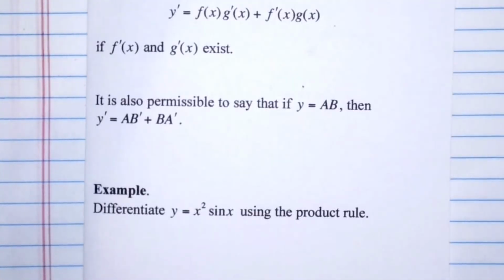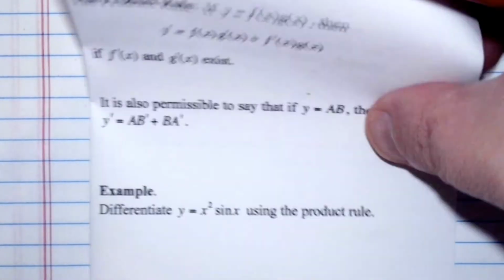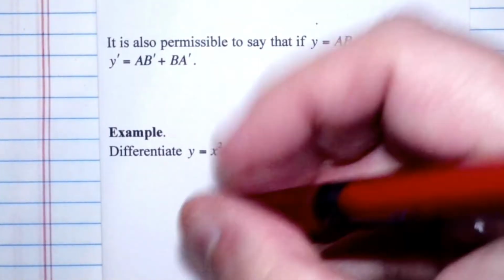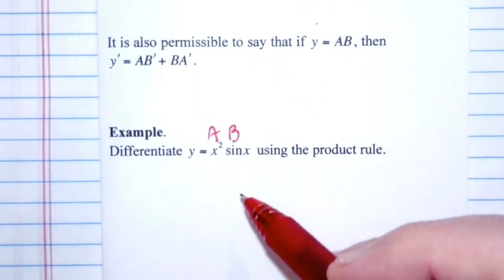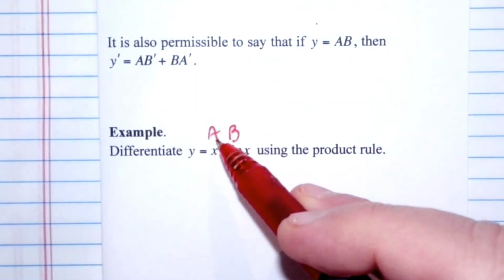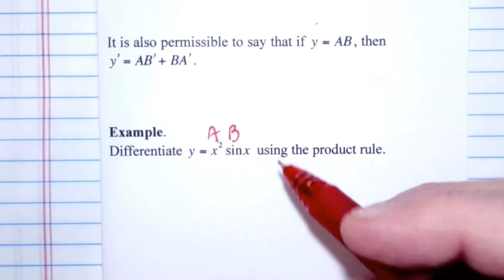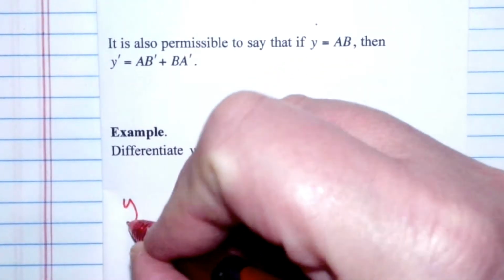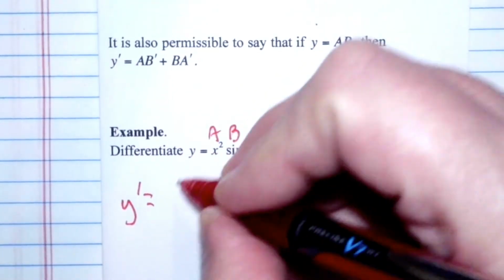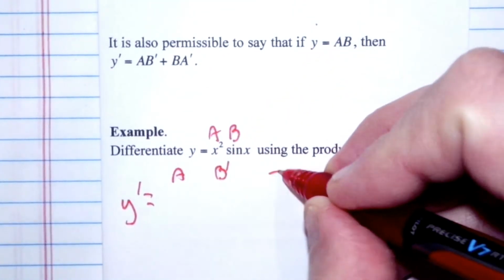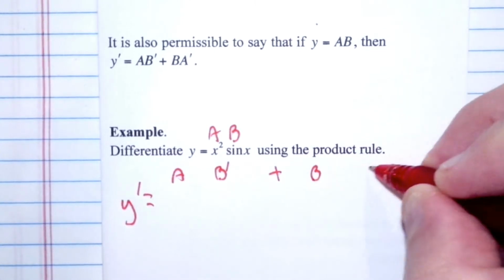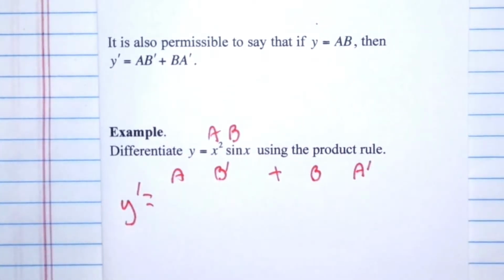Alright, so let's try differentiating x squared sine x. So I'm going to call x squared a, and I'm going to call sine x b. So the derivative would be a b prime plus b a prime.